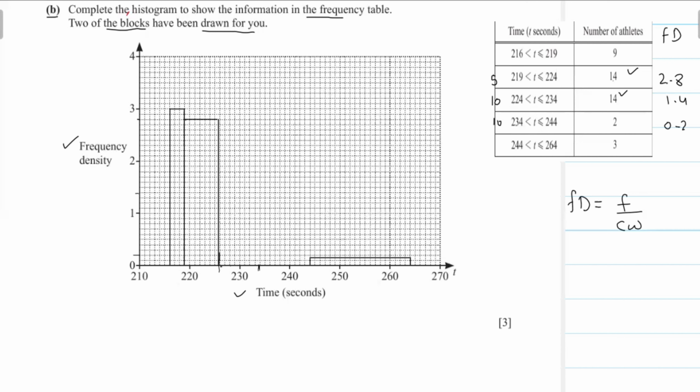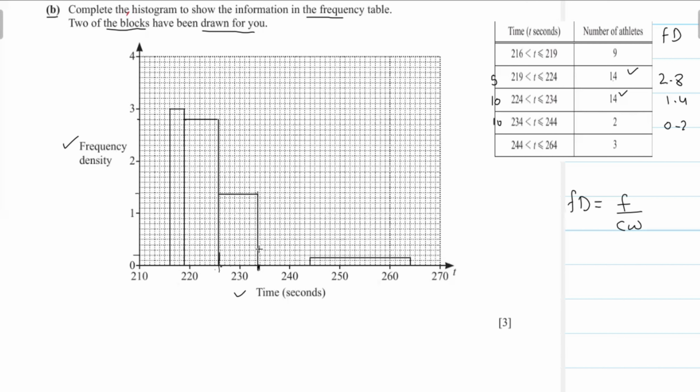This is the width, and we will draw the vertical line from 234, and the height of this vertical line would be 1.4 because the frequency density here is 1.4.